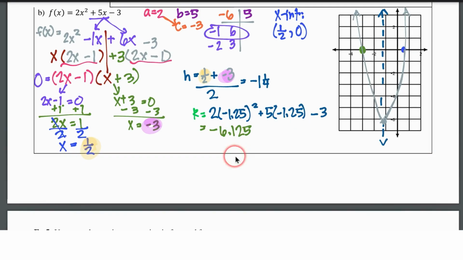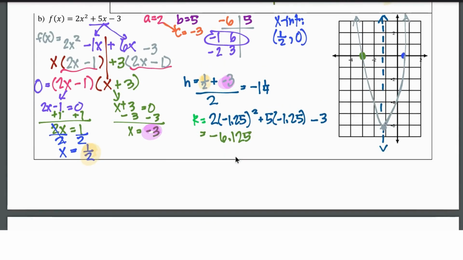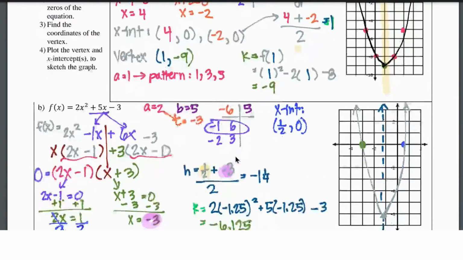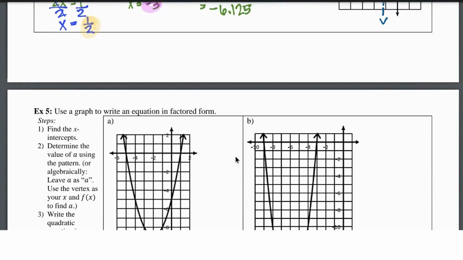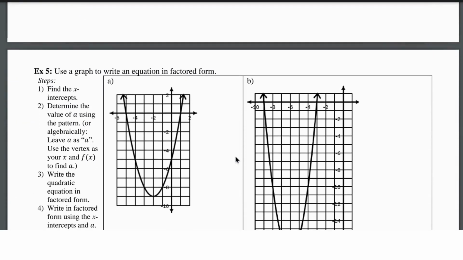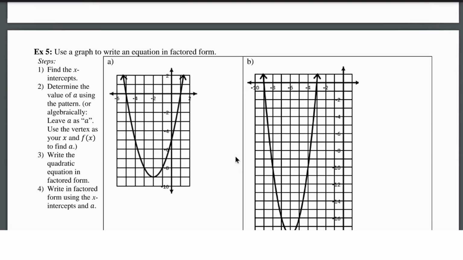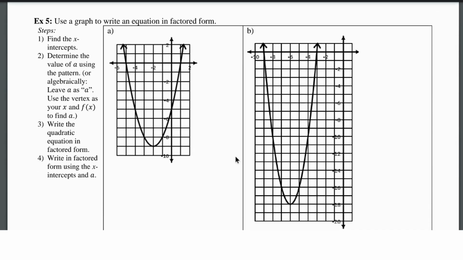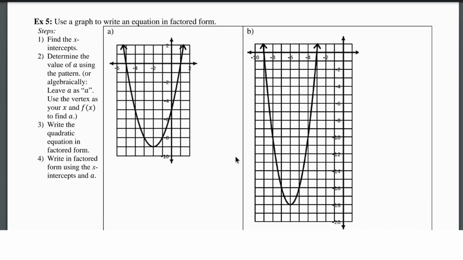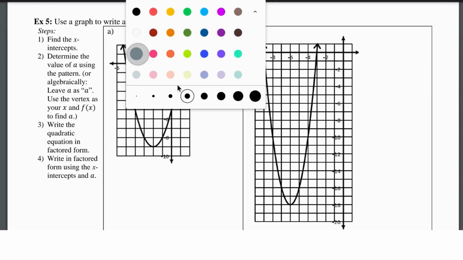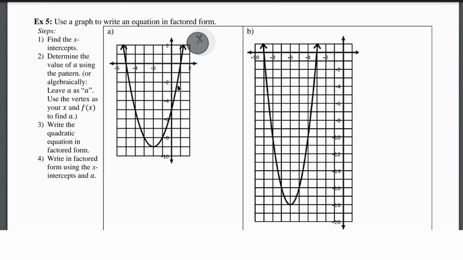And our last pair of examples for today is really the opposite of what we were doing here. From these, we're going to be able to determine the value of our x-intercepts and a, to write that intercept form of our equation. So what I'm first looking for is my x-intercepts.